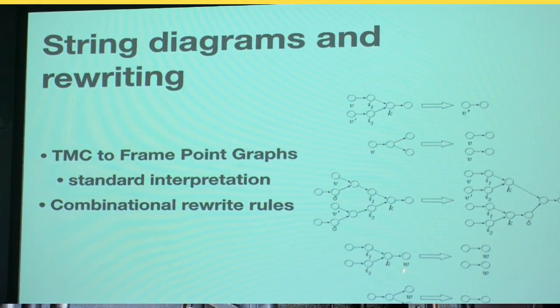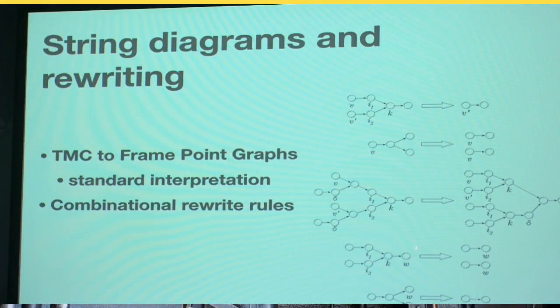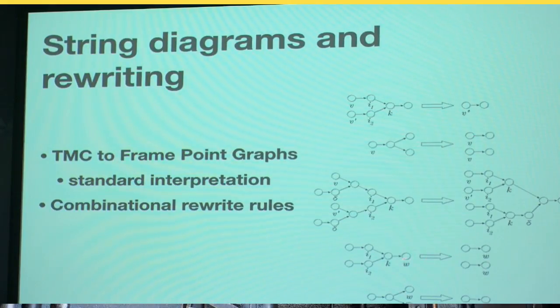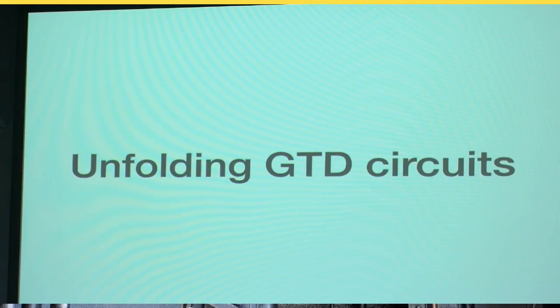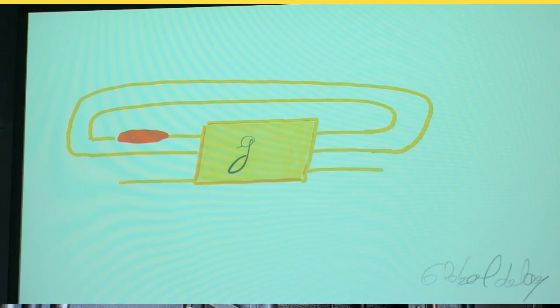This is using the fact that 0 is a terminal object. And these are the little rules, and we also have a big rule that corresponds to the unfolding of the circuit, and this is the really important rule that makes things work in an interesting way.